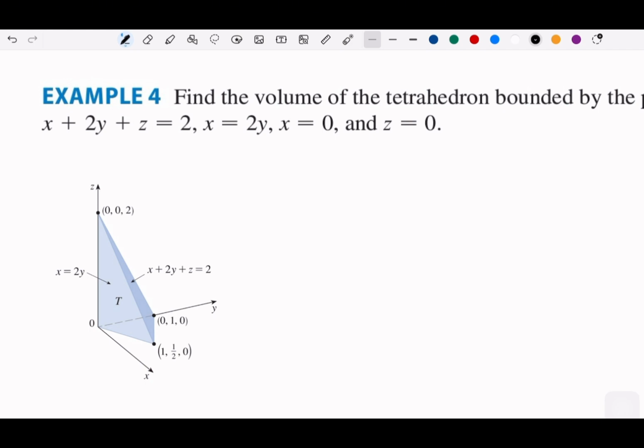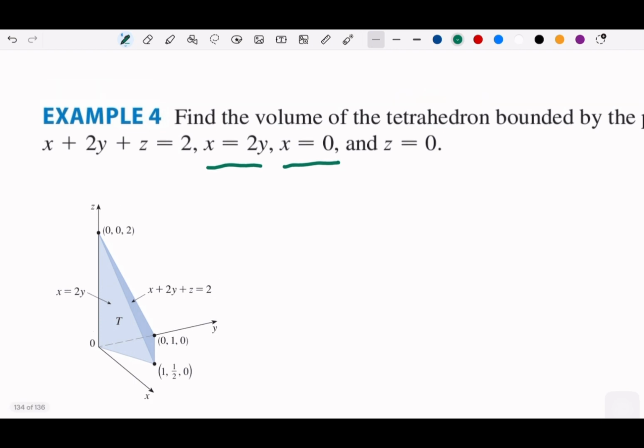So first, if you see x equals 2y and x equals 0, we could get the projections, and also from here x plus 2y equals 2. Because we have x equals 0 and z equals 0, when z is 0, then x plus 2y is equal to 2, right?